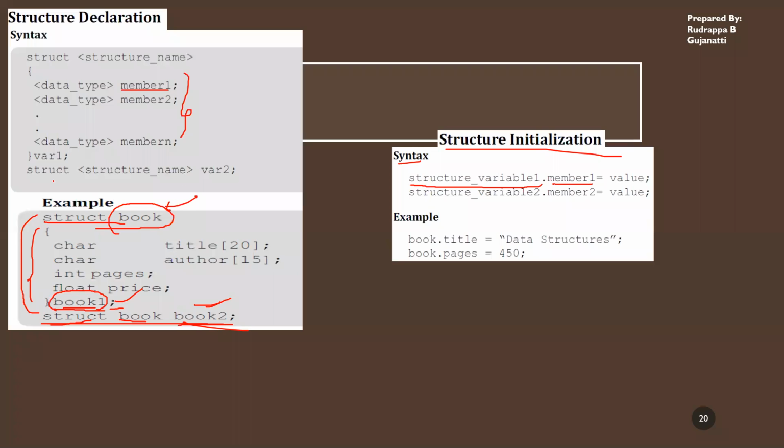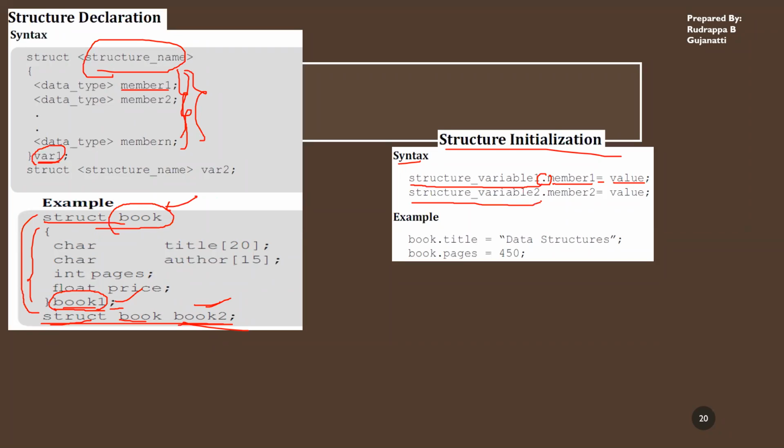Here, as you had specified, var one dot member one, use the assignment operator and assign the proper value. You can assign each of the members using the dot operator. Using the dot operator, I can access each of these members using the variable which is declared for this structure, and using the dot operator I can initialize all these members.